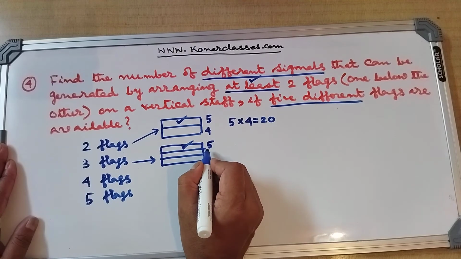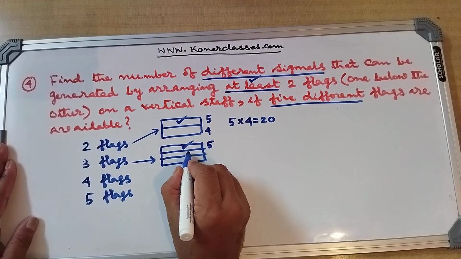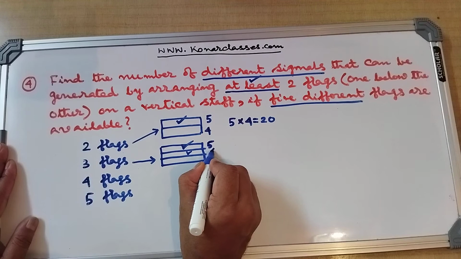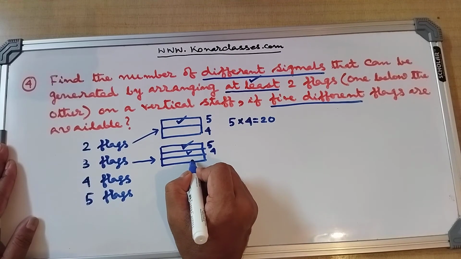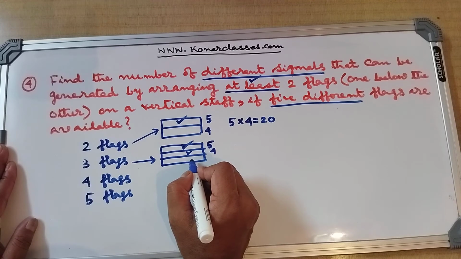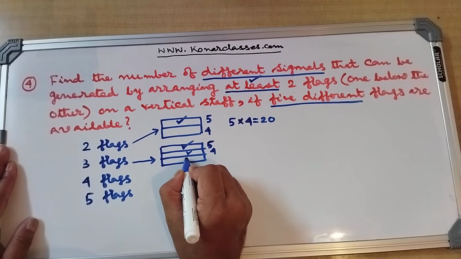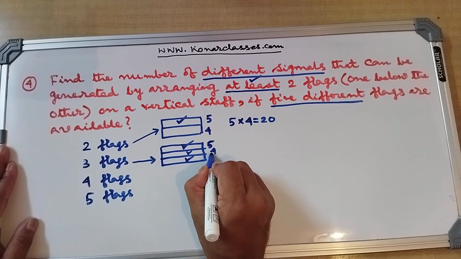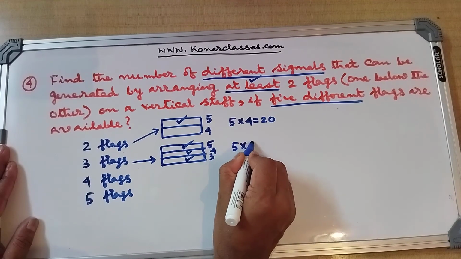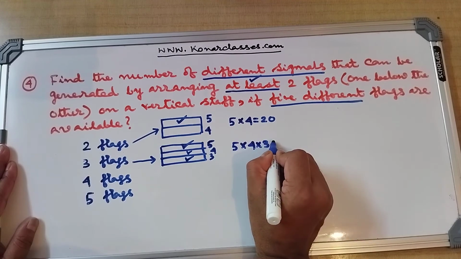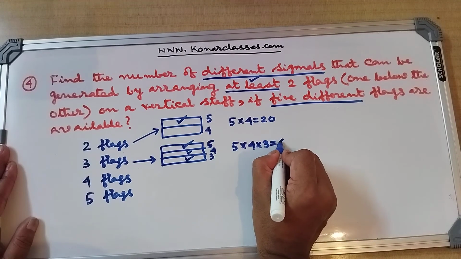For each of these, the second one can be done in 4 different ways. And for each of these, the third one can be done in 3 different ways. So the required number is 5 into 4 into 3, which is 60.